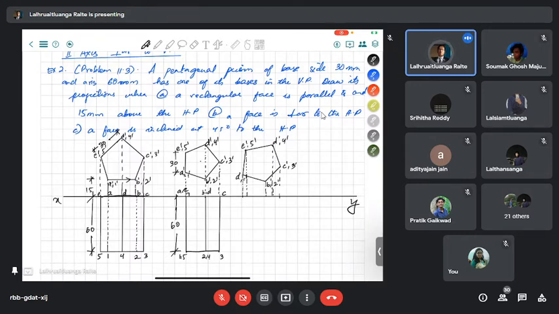So we have this line visible, this line visible, this visible. So it will be something like this.